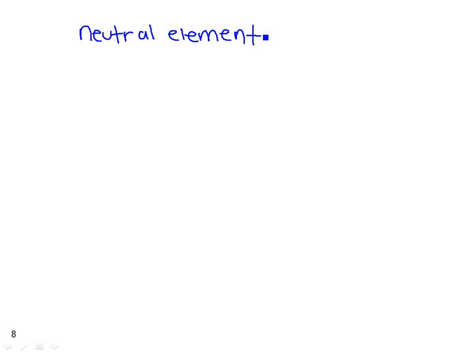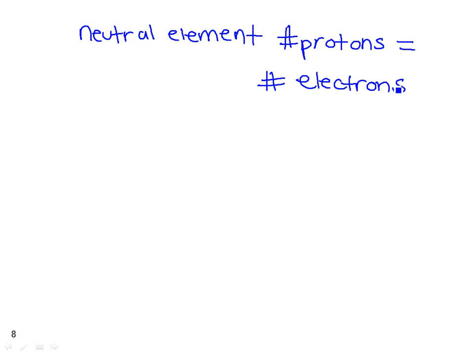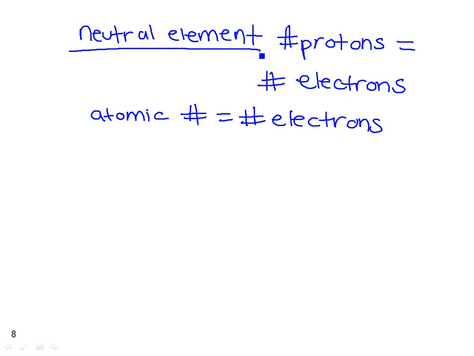So for a neutral element, the number of protons is equal to the number of electrons. Since the atomic number is equal to the number of protons, the atomic number is equal to the number of electrons in a neutral element.